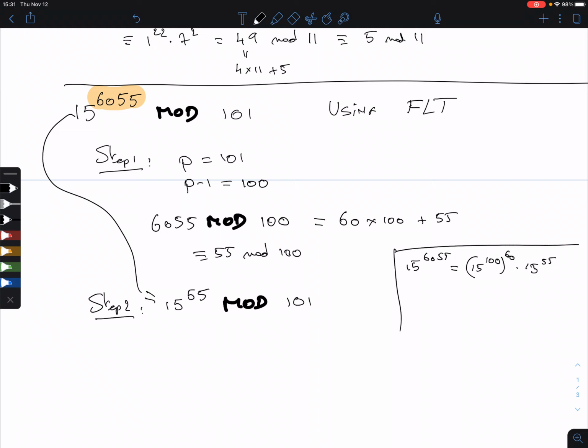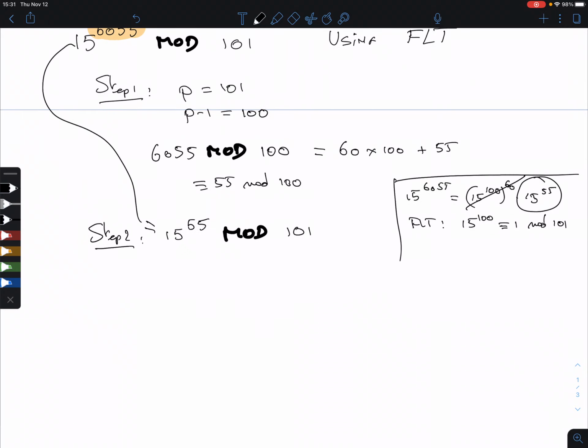Why is that? That's just rules of exponentiation. But the whole thing is that by Fermat's little theorem, 15 to the power 100 is equivalent to 1 mod 101. Because 101 is a prime, and if you take a power that is 1 less than that prime, then you get 1. So this whole thing is 1, and that's why we only have this factor left.